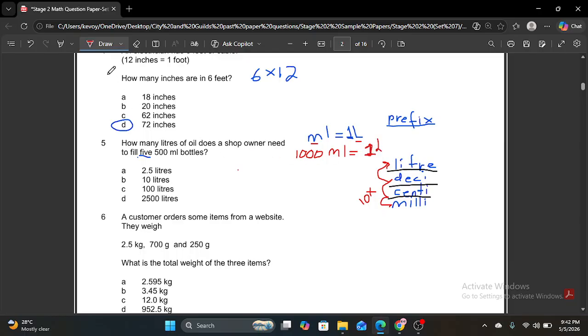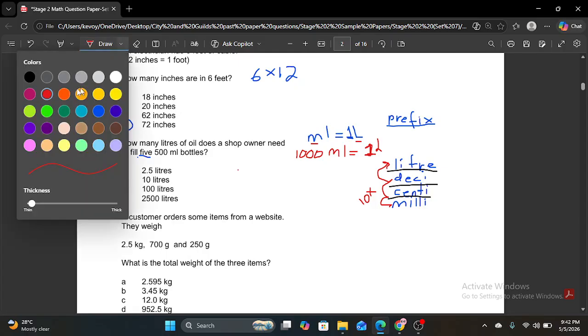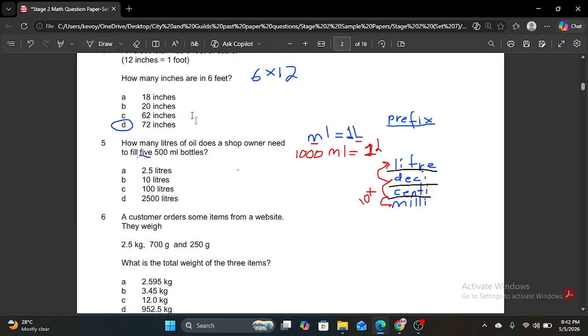Now we need to find how many liters we need if we have 500 milliliter bottles. If we have 5 of the 500 milliliter bottles, we need to know the total amount.